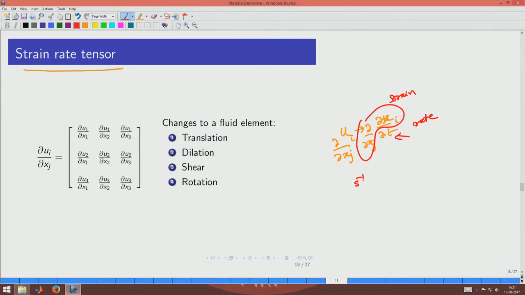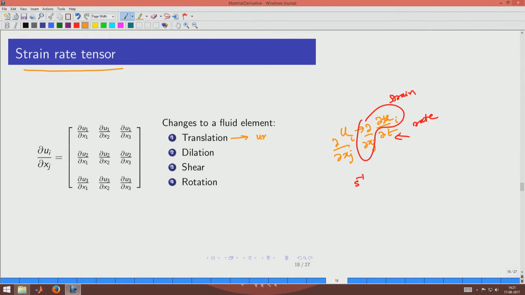If it is having two subscripts, you can guess that it could be a second order tensor, which is true, and one can also prove it. And you could see these elements, and which of these are causing the dilation. We can see that there are 4 actions that are possible because of velocities and their gradients. Translation without any shape change is possible whenever you have all the terms 0 but the velocities are non-zero.